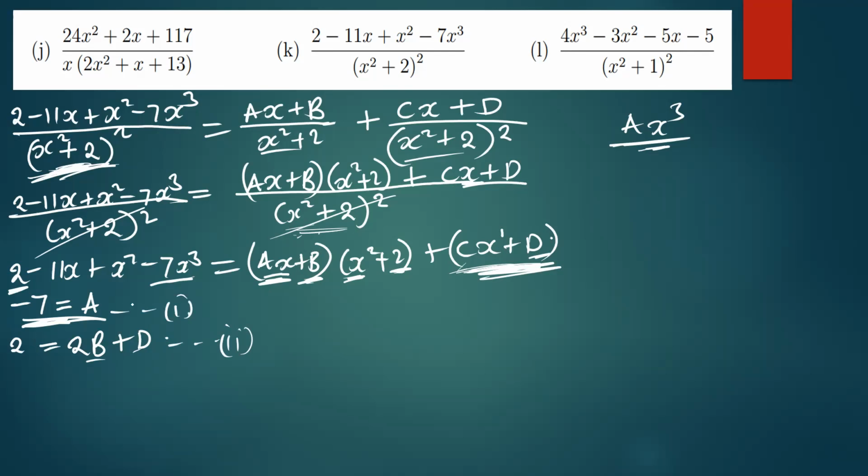So let us also try to compare the coefficients of x squared. So the coefficient of x squared, this side we have what? We have 1. Then on the right, if you want to find x squared, you can multiply b times x squared.